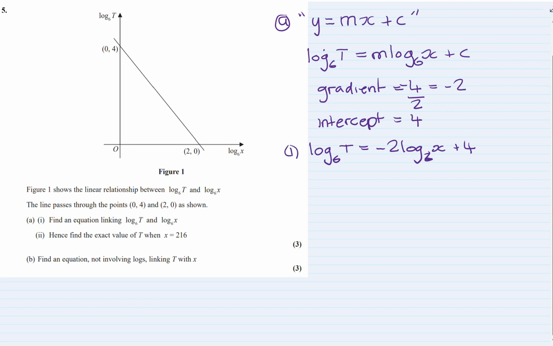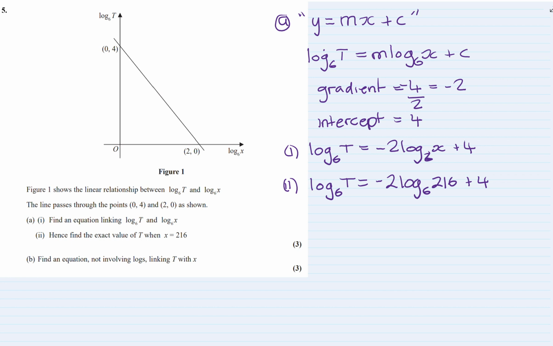For part 2, it wants me to find the exact value of t when x equals 216. So I've got log to the base 6 of t equals minus 2 log to the base 6 of 216 plus 4.